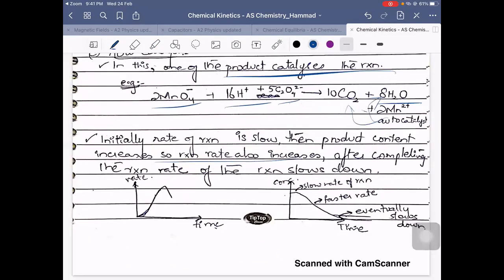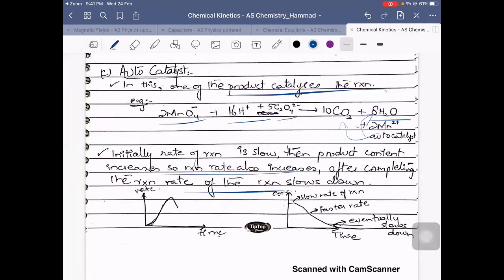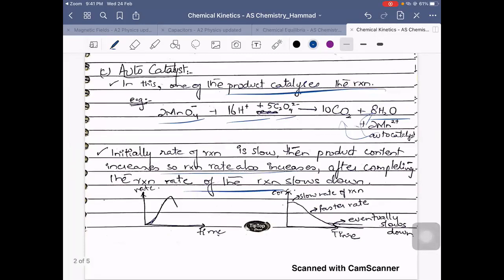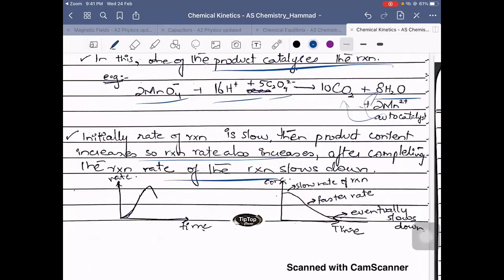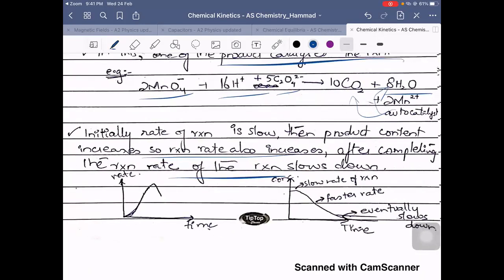After completing the reaction, the reaction slows down. Initially, when you pour reactants into a container, both of them will have their concentrations high, but as soon as they start to react, the concentration decreases, and hence this is a decreasing curve. As they start to react, the reaction rate increases, but when the reactants are being consumed, the reaction tends to slow down.